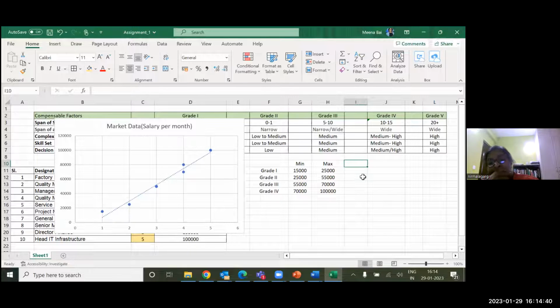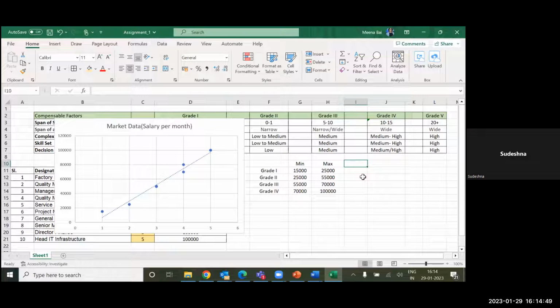Okay, guys. Any clarifications now? Any clarifications on job grading? In different organizations we see, for example, a person with 20 years of experience may still be in grade 1.